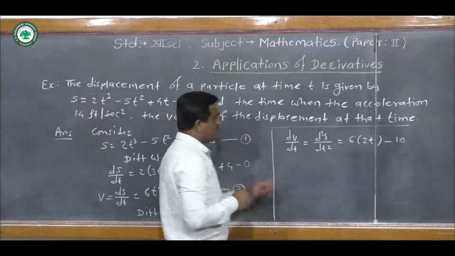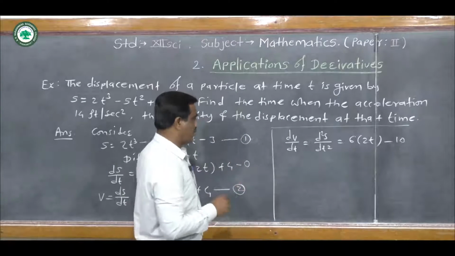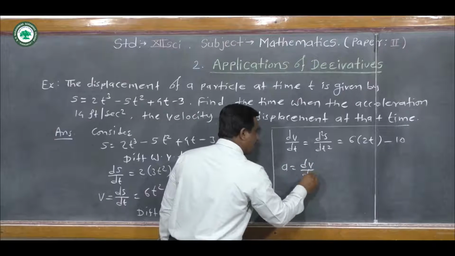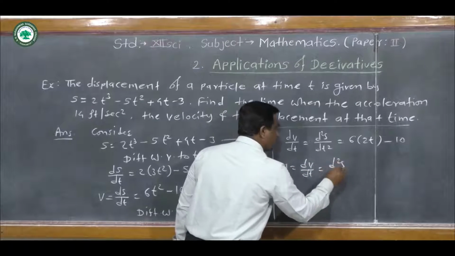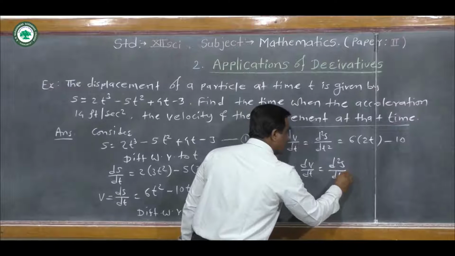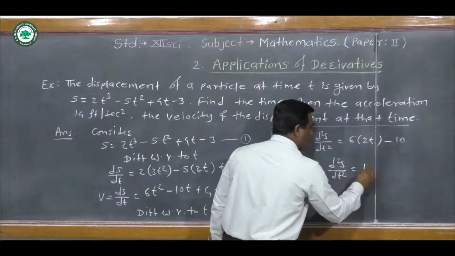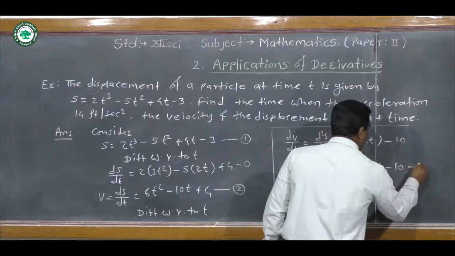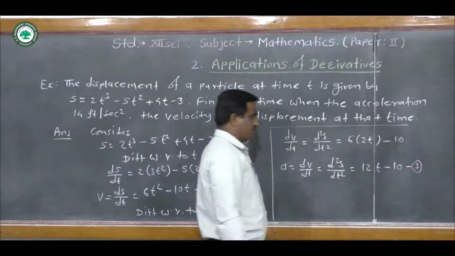That is, dv by dt means acceleration. This is acceleration: a is equal to dv by dt, equal to d square s by dt square, equal to 12t minus 10. Say this is equation number third.